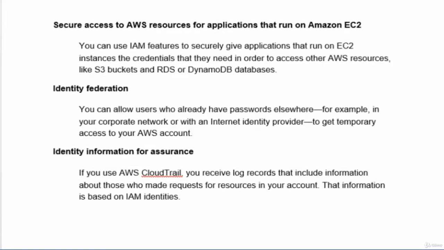Now the next feature is secure access to AWS resources for applications that run on Amazon EC2. In some cases, you want one resource to be able to perform some task on another resource. In that case, we cannot hard code the credentials within the source resource.